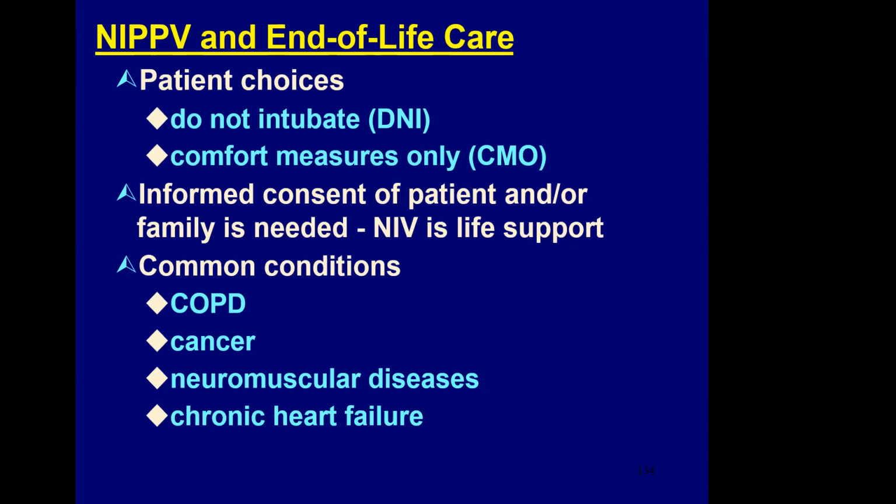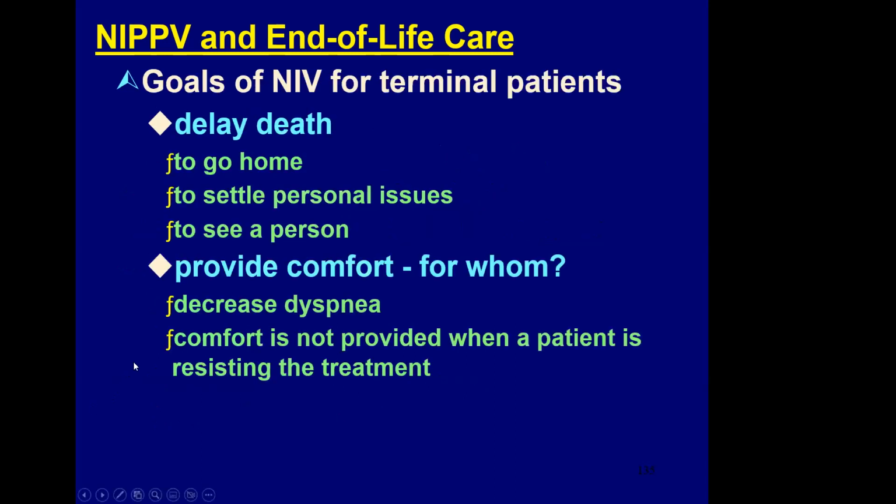So, okay, common conditions for NIV at end of life include COPD, cancer, neuromuscular diseases, and also chronic heart failure. The goals of NIV for terminal patients: delay death.